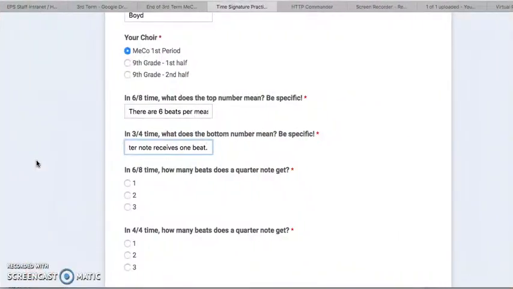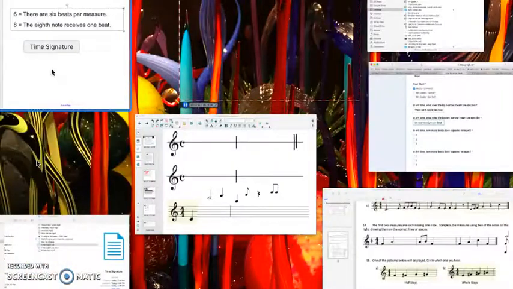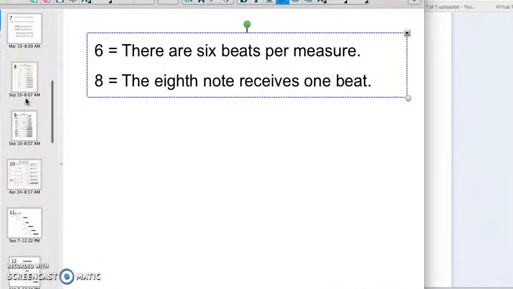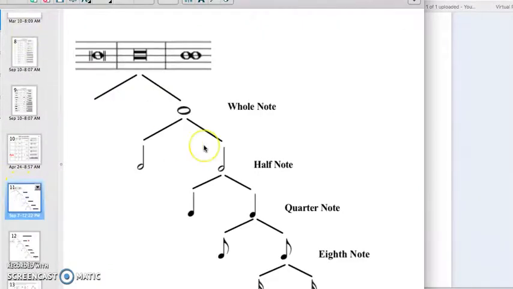So, if I go back to my family tree of notes, and I know that an 8th note in 6/8 time, like we just said, receives 1 beat, that means how many beats will a quarter note get?